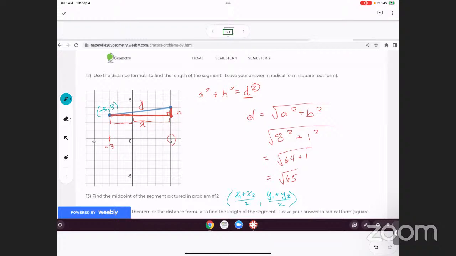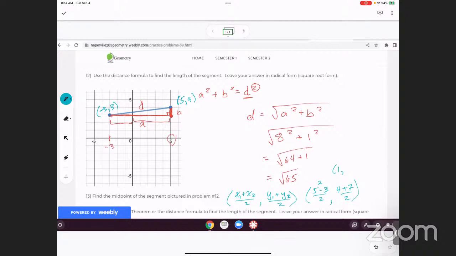That's your coordinates there. And over here it's 5, 4. And you're adding the x's together. So 5 plus -3. And then add the y's together, 4 plus 7. And then take half of it. So 5 minus 3 is 2. 2 over 2 is 1. Right? And 4 plus 7 is 11. 11 halves is 5.5.